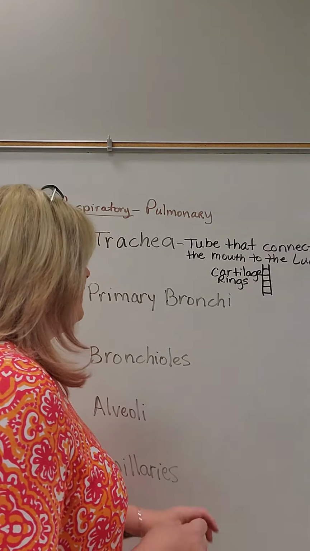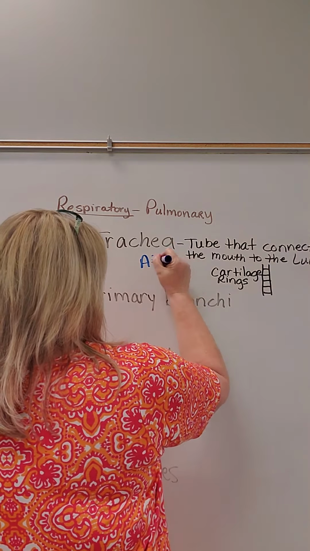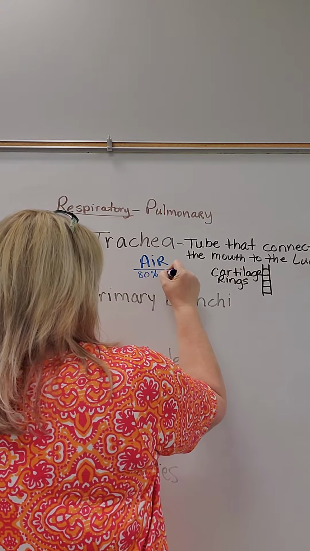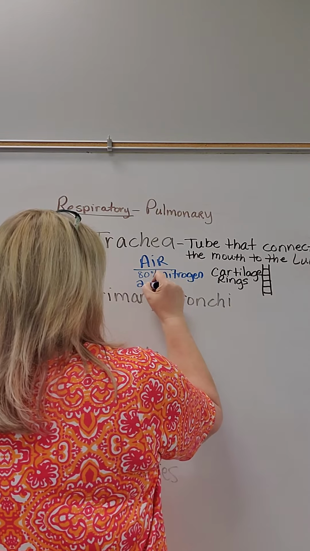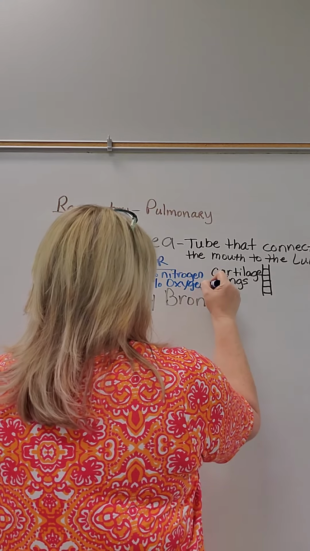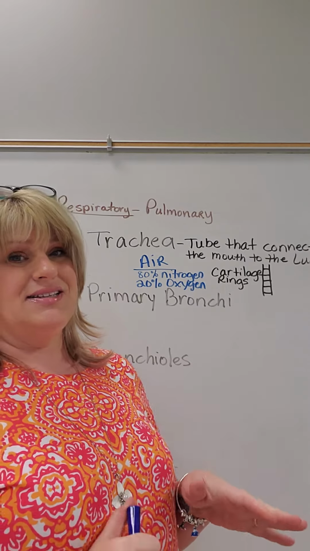So when we're talking about air, air consists of about 80% nitrogen and 20% oxygen. Now, actually, I think that nitrogen number is about 78% technically.